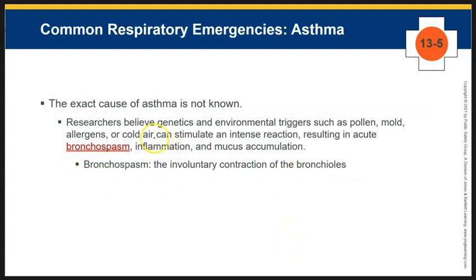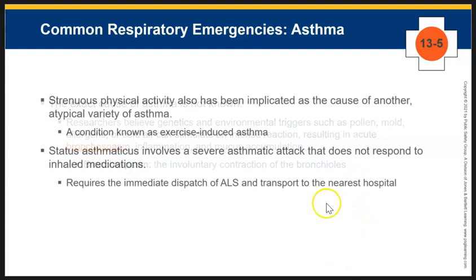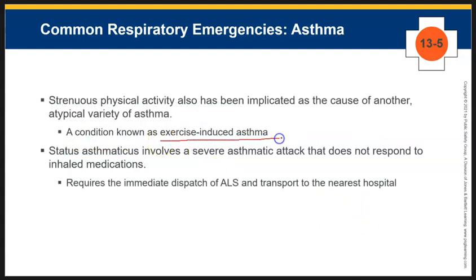However, it could be related to either genetics or environmental triggers, and we see the idea of a bronchospasm, the contraction of the bronchioles, as a result. Strenuous physical activity or exercise-induced asthma can also occur. If a severe asthmatic attack does not respond to the patient's inhaler, the immediate dispatch of advanced life support is critical.